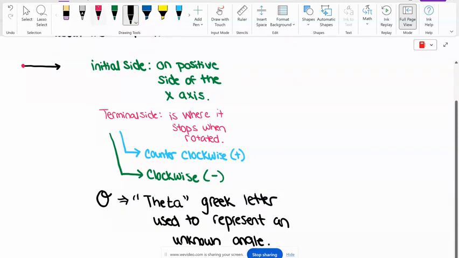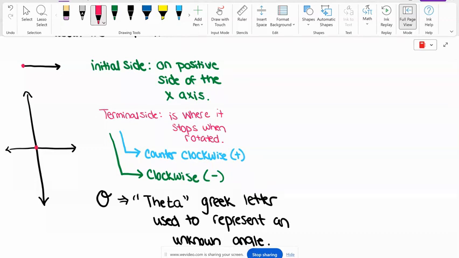So let's go back, draw my axes. So I'm going to have my initial side. My initial side is always the positive side of the x-axis. So see what I just drew in pink? That's my initial side. And now we would basically rotate this to create the other ray of the angle.